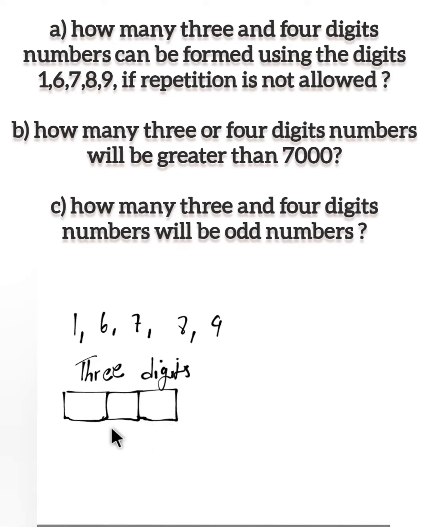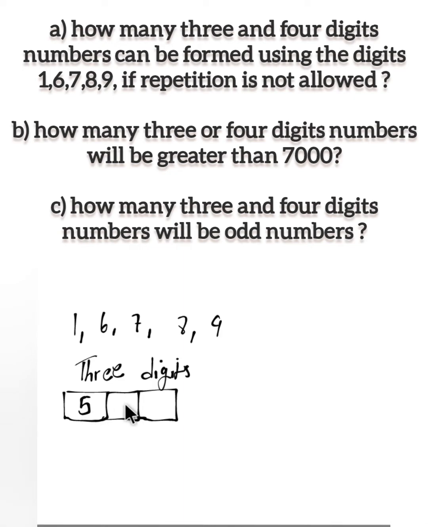So how many of these numbers can we use as the hundreds? There's hundreds, tens and units. So any of these numbers can appear in the hundreds. So we have 5 numbers, 1, 6, 7, 8, 9. We can put any one here. So 5 of the numbers can appear in the hundreds part.